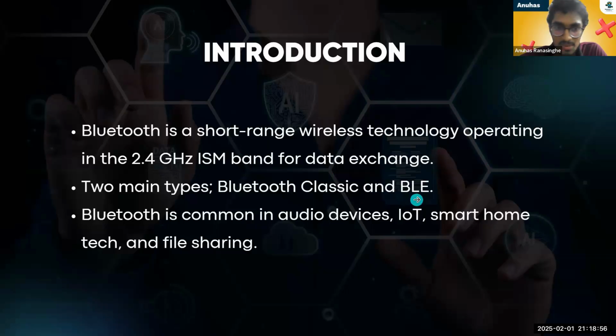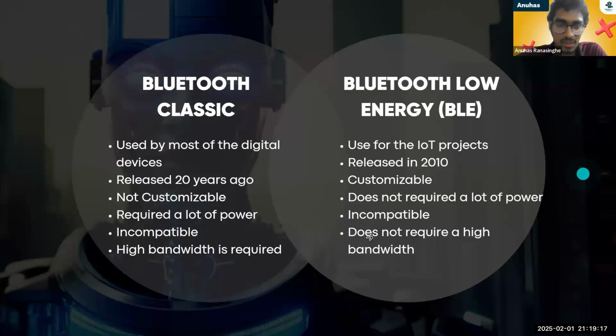And there are two main types of Bluetooth: Bluetooth Classic and BLE. We can discuss the differences and the applications of those two categories in the next slide. First we move on to Bluetooth Classic.